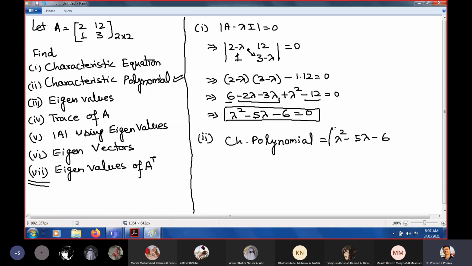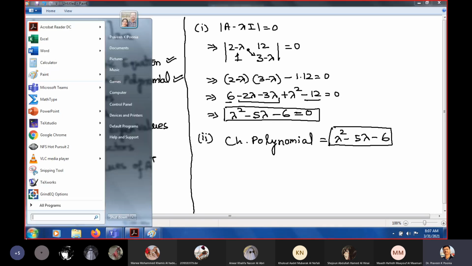So this is the characteristic polynomial. Please remember, the part without 0 is the characteristic polynomial. Lambda power 2 minus 5 lambda minus 6 is the characteristic polynomial. And if I put the characteristic polynomial equal to 0, it becomes the characteristic equation.